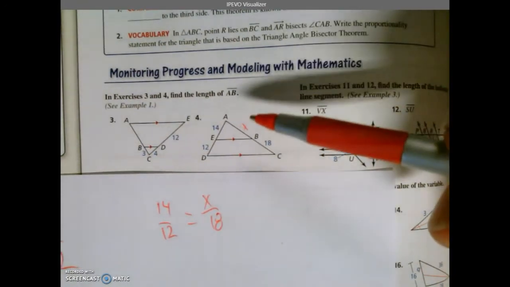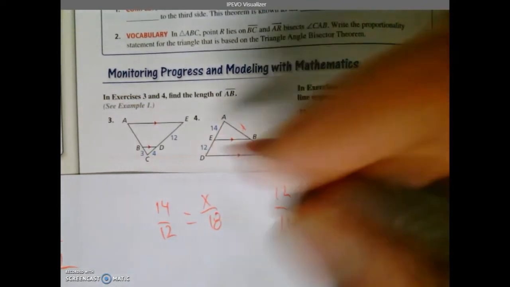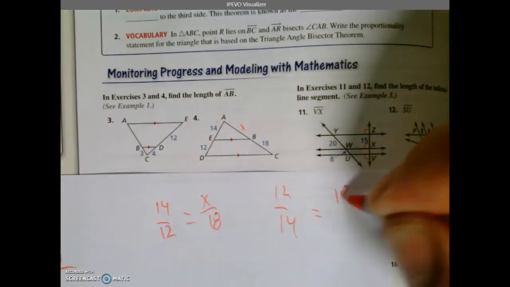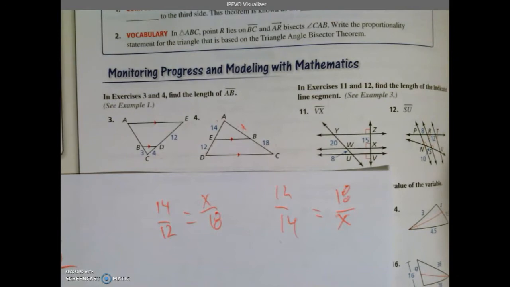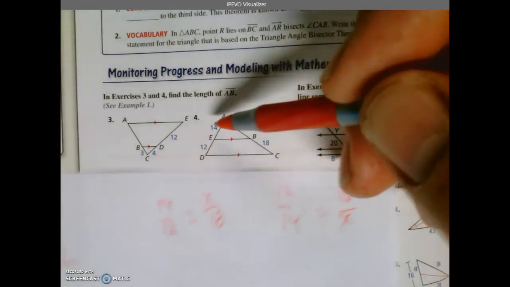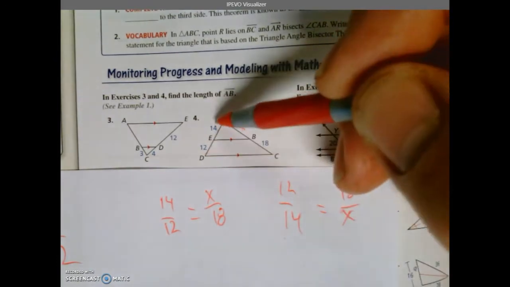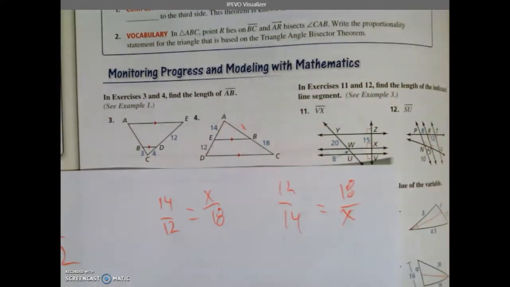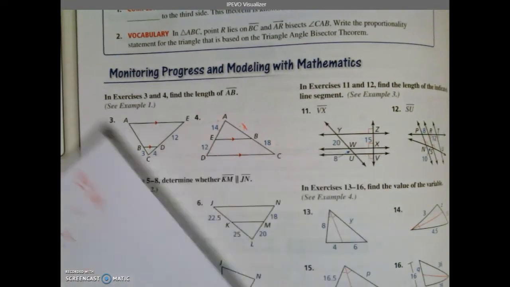If you saw it differently, 12 and 14, that's fine. Bottom part then top part, then you have to do 18 and x. Thinking about it this way, 14 is the top part of the triangle, 12 is the bottom part. 14 over 12 is the same as x over 18. Cross multiply and you're done.